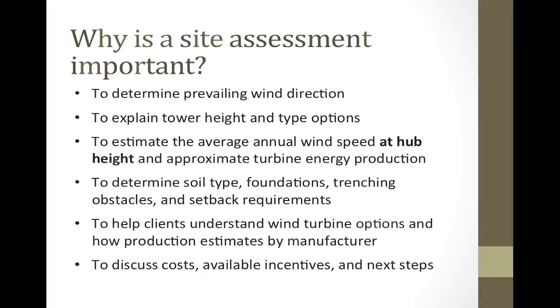We have to be able to estimate the annual wind speed at the hub height so we can try and figure out what the turbine energy production is going to be. Remember, this is an estimate. It might seem odd that we have to know what soil type we have, but we do, because we have to make recommendations as to what kind of foundations we're putting in.